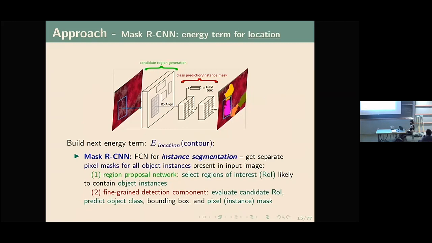The RPN provides coarse estimates of object positions to the second component, which is responsible for verifying if the region actually contains a target object and classifying it, generating a binary mask representing that object's pixels. So that would be a tree that hopefully we've identified, and note these guys are overlapping.